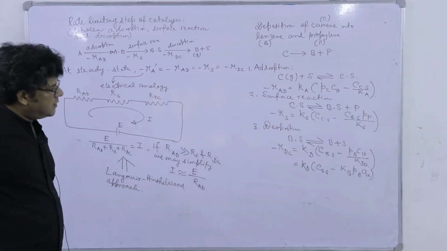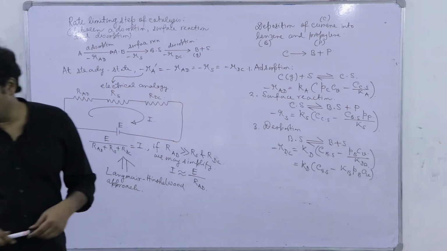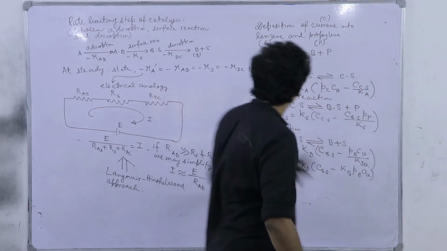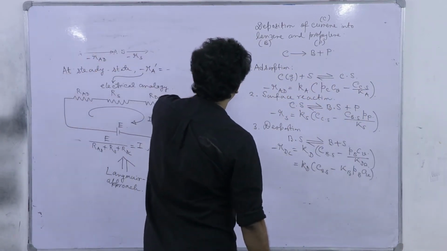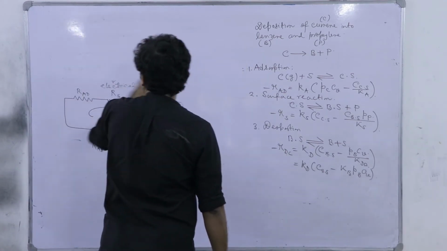Now, first let us think, if adsorption is rate limiting, what will happen? What will be my observed rate expression and how can we finally justify through experiment that this is adsorption controlled?